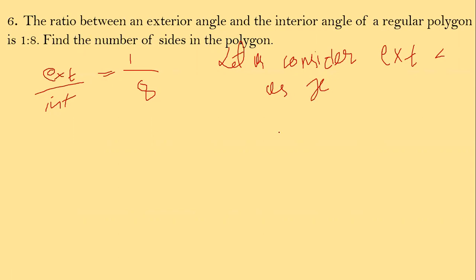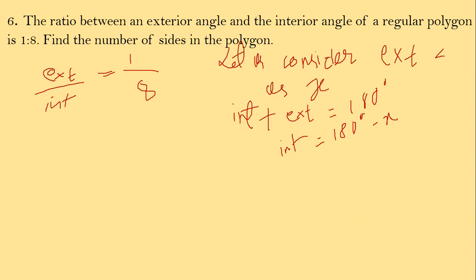Therefore, what we can say, interior plus exterior is equal to 180, right? And I have taken exterior as x, so interior will be equal to 180 degrees minus x.